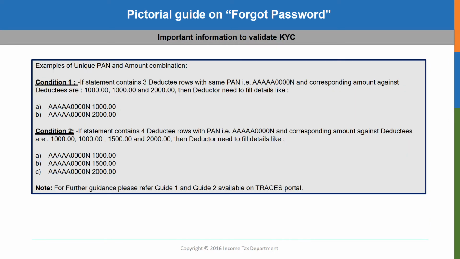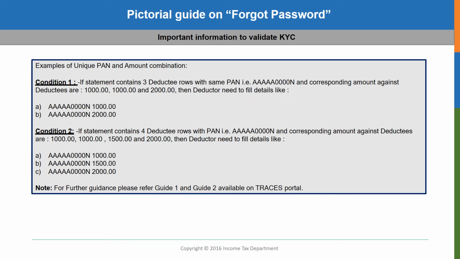Some examples of unique PAN and amount combination are given in this page. Now if the statement contains 3 deductee rows with the same PAN, and the corresponding amounts against the deductees are 1000.00, 1000.00 and 2000.00, then the deductor needs to fill details like, in the first row he'll write the PAN and 1000.00, in the next row he'll write the same PAN and 2000.00.